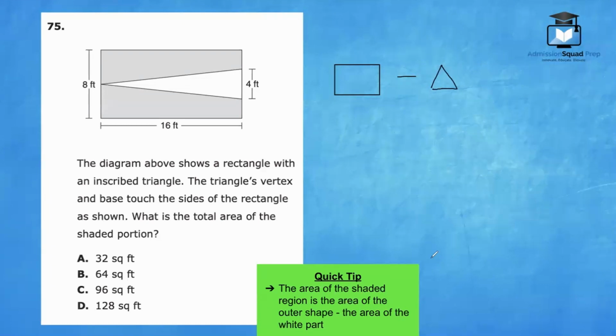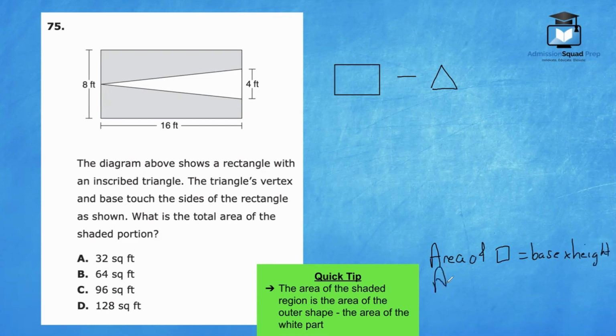Let's review our formulas. The area of a rectangle is always base times height, and the area of a triangle is always 1/2 times base times the height. So let's see what we're working with here. The area of this rectangle will be 8 times 16.